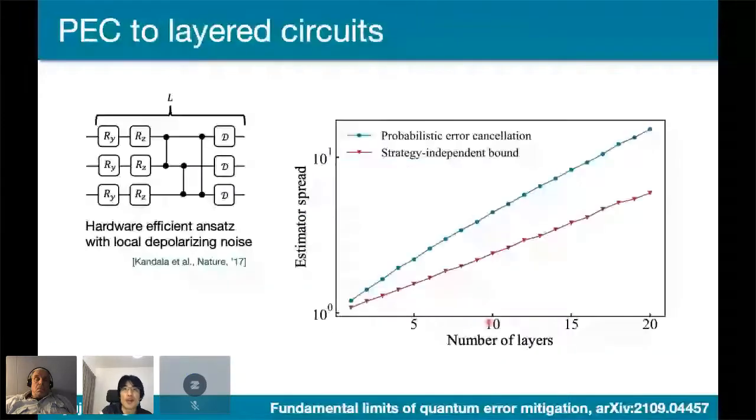We can also do some numerical simulations as a toy model using this hardware efficient ansatz. You can see that this strategy independent bound correctly serves as a lower bound for the probabilistic error cancellation performance. And also, as we saw in the previous theorem, this estimator is growing exponentially with respect to the number of layers.